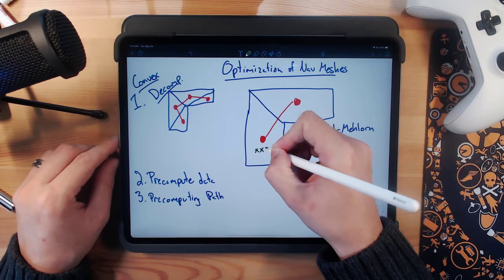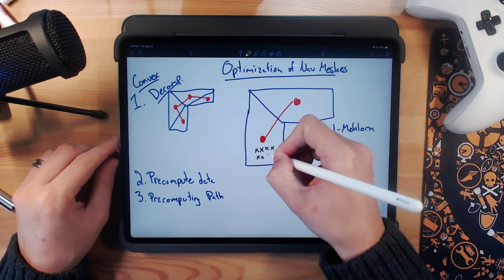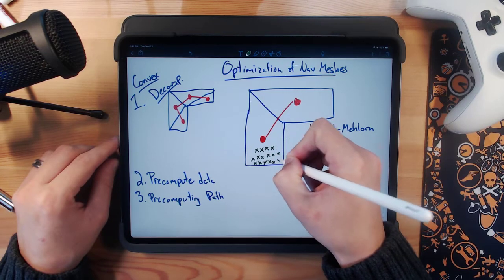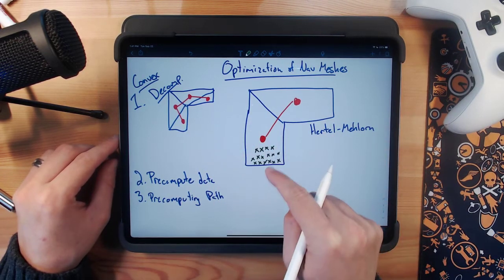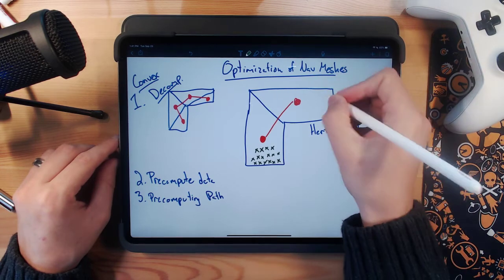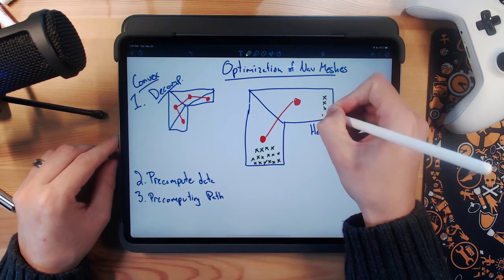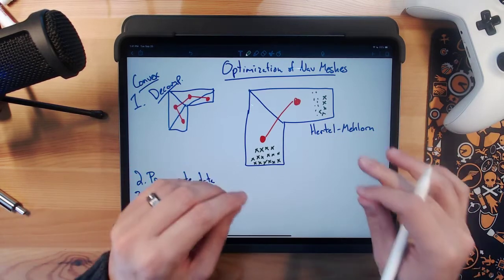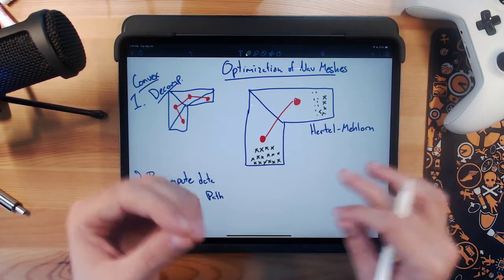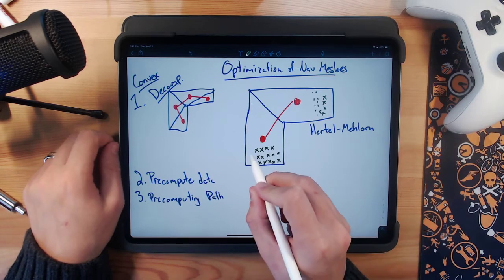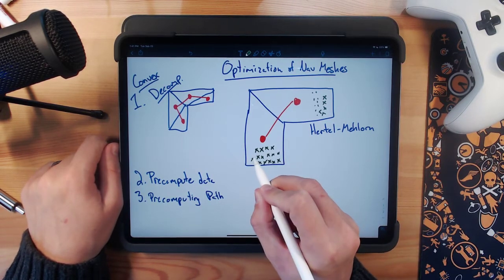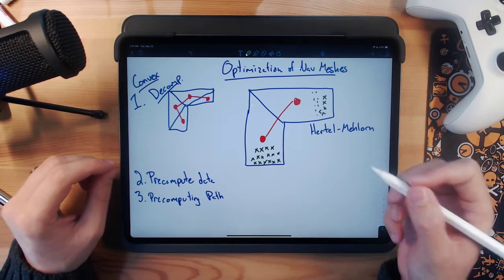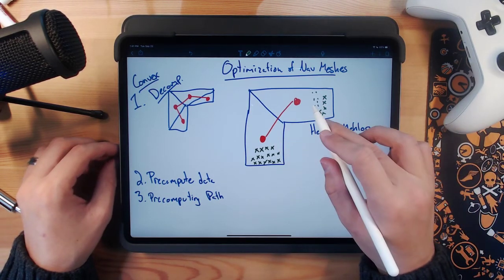So I have a bunch of AI agents here and they are all in a specific formation. And I select all of them, and I tell them that I want them all to move to this position here. Right? Here they are, and this is their final position. One thing that this will cause is that suddenly I will have a whole bunch of requests to my pathfinding system to essentially ask it to generate almost the exact same path.